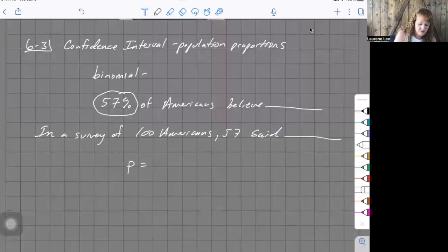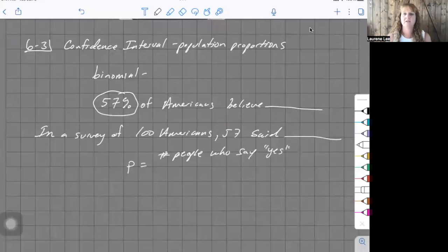So it's the number of people who say yes. Now I put this yes in quotes, because P doesn't have to be the yes answers. It could be the no answers. It's just whichever one you're interested in. So that's usually like we label this our proof positive of whatever we're testing.